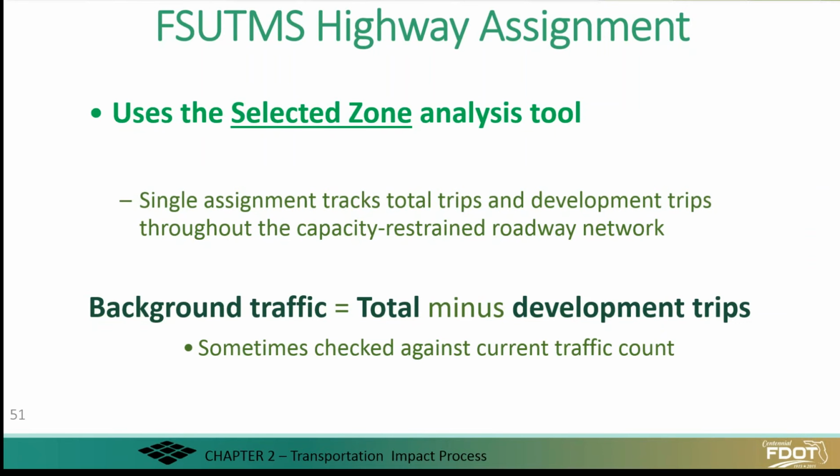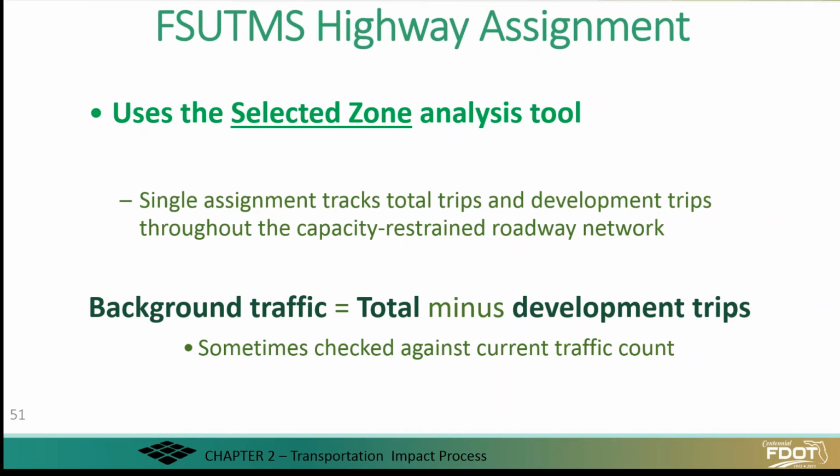Once you've done the FSUTMS assignment, you would then use a tool or a process known as selected zone analysis. What this does is it tracks the number of trips traveling from your specific site or project in the model and identifies which specific links on the network those trips take.